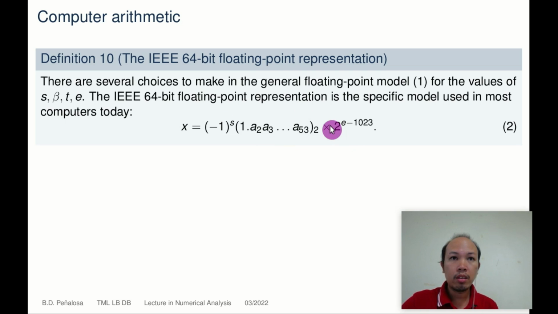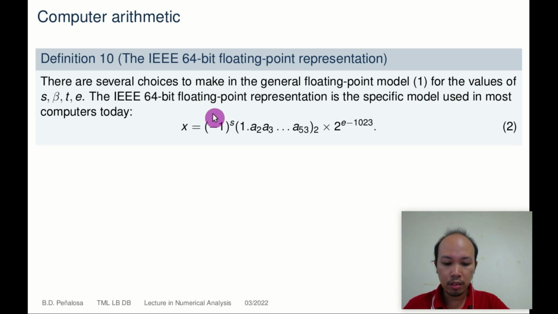Back in history, in 1980s, a working committee of the Institute of Electrical and Electronics Engineers, or IEEE, established a standard floating point arithmetic system for computers that is now known as the IEEE floating point standard. So what happened before?